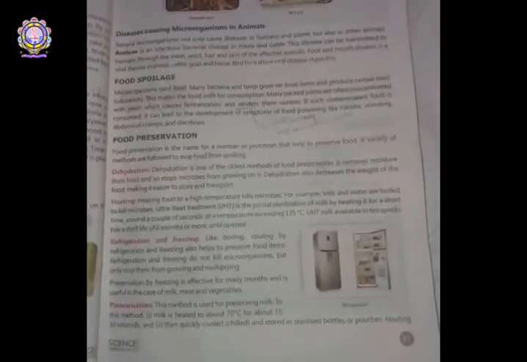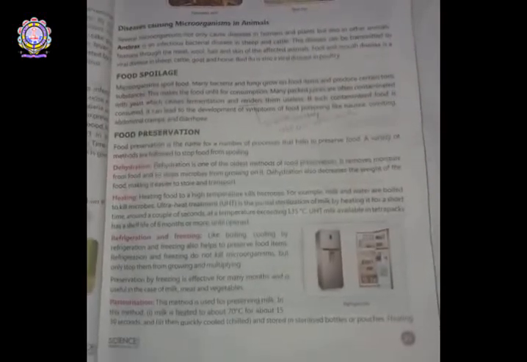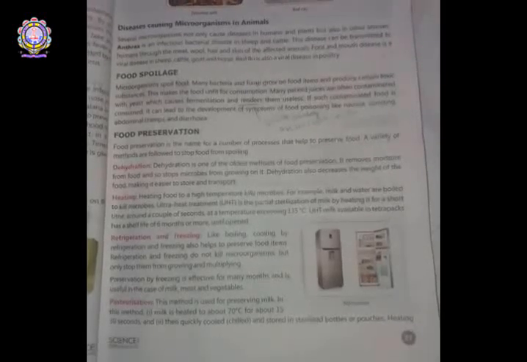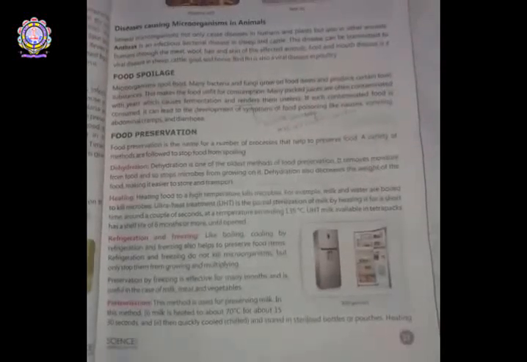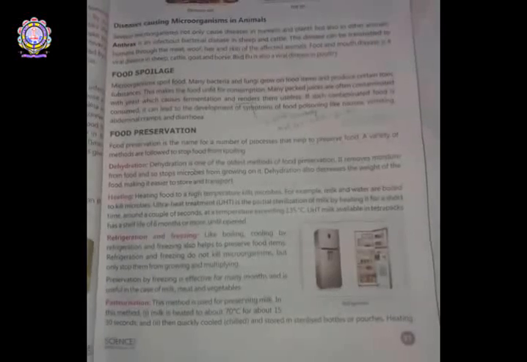Here, the most important words are quickly cooled. Quickly cooled, because when it is cooled slowly, microbes and bacteria attack the milk and it is contaminated.